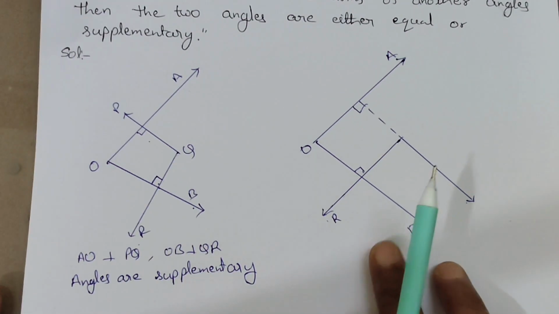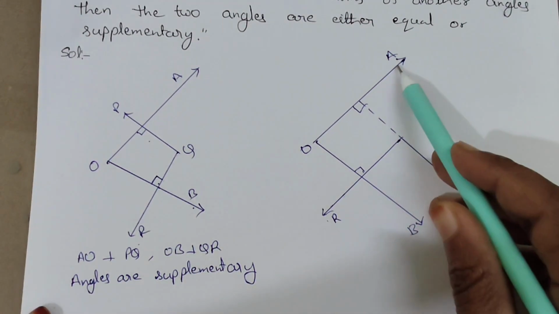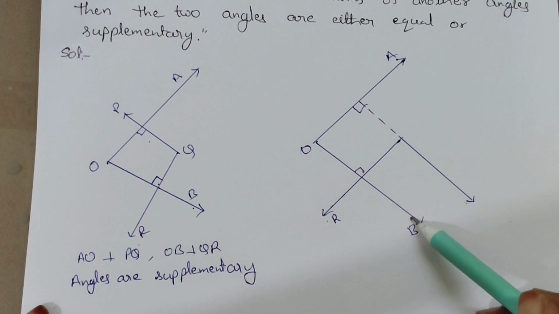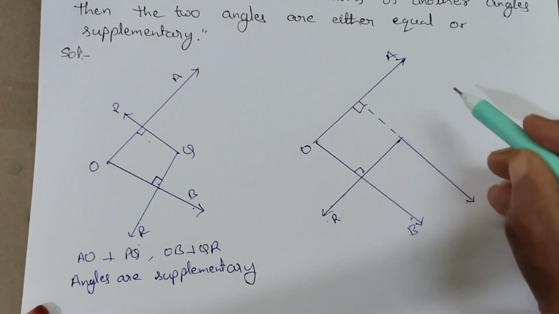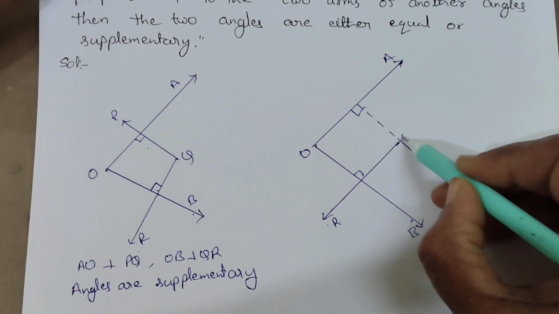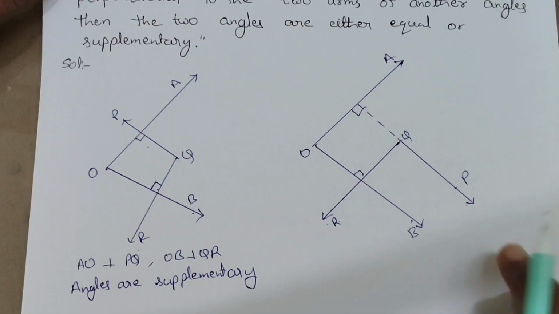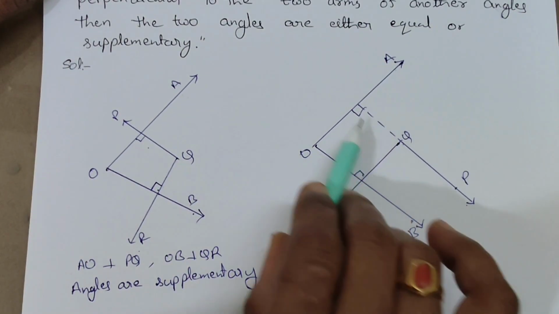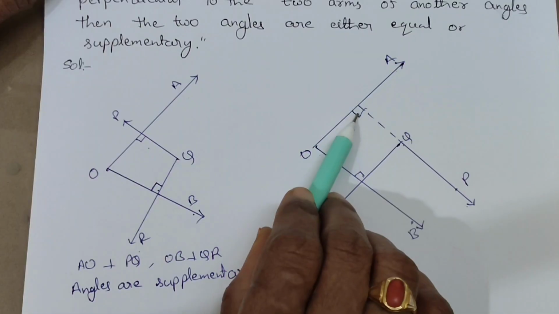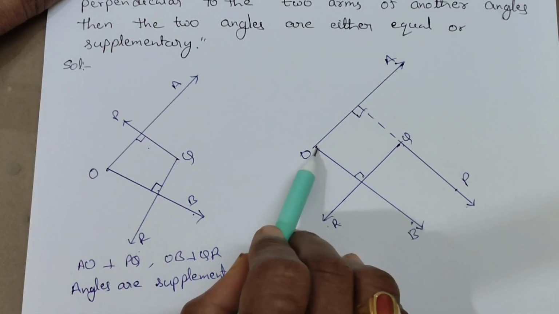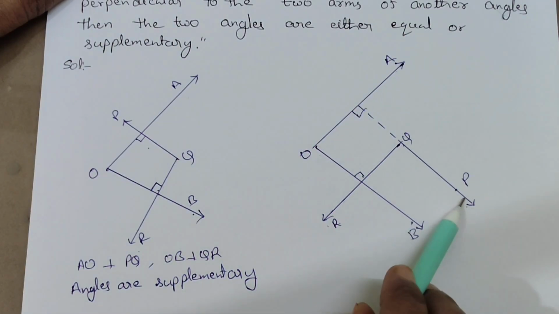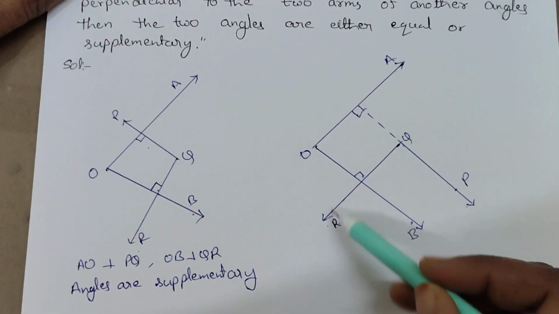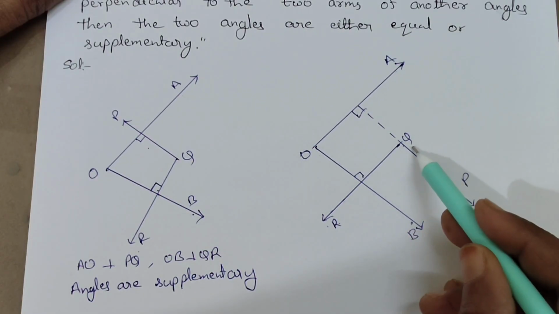Next we draw another one. Here AOB is one angle. Next, RQP is another angle. Here QP is extended like this. Here is the right angle. So OA is perpendicular to PQ. Next OB is perpendicular to QR.